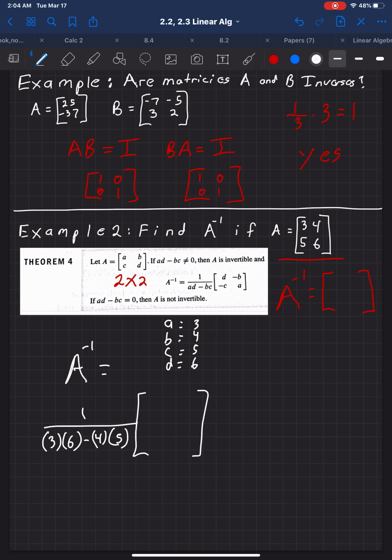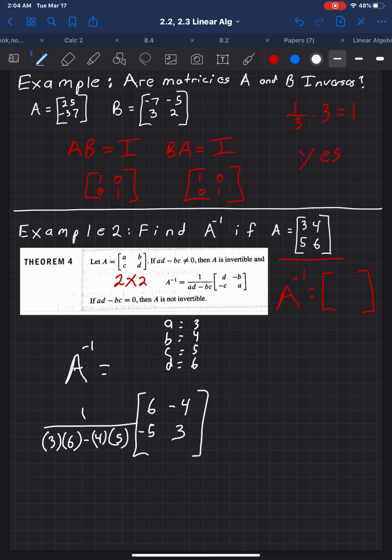So you can kind of notice the changing around of the positions and signs of these entries. So now we want D where A was. So that would be 6 here, negative 4 here, negative 5 here, 3 here.